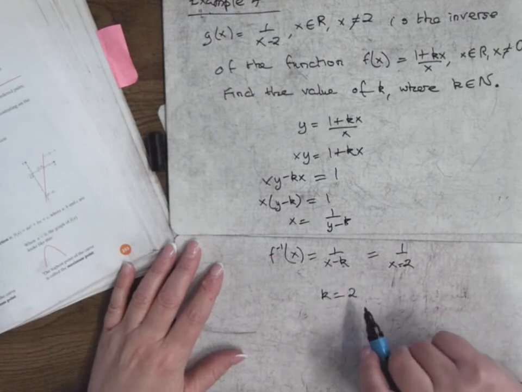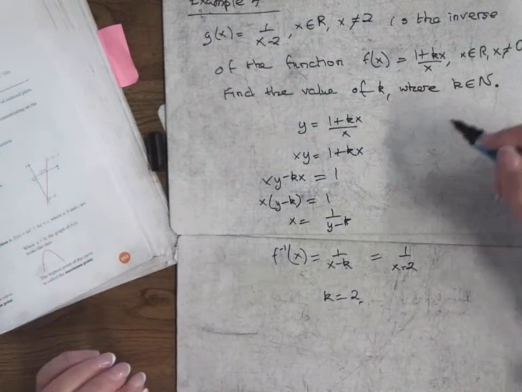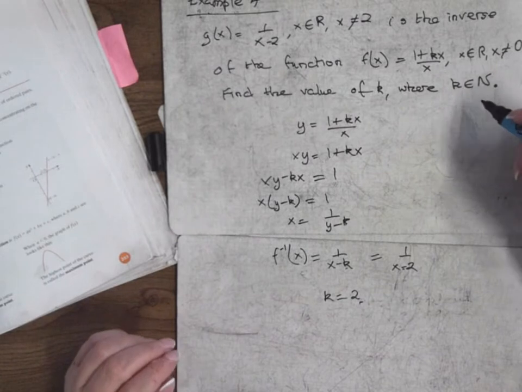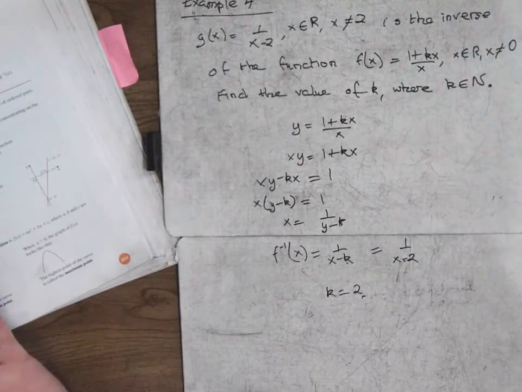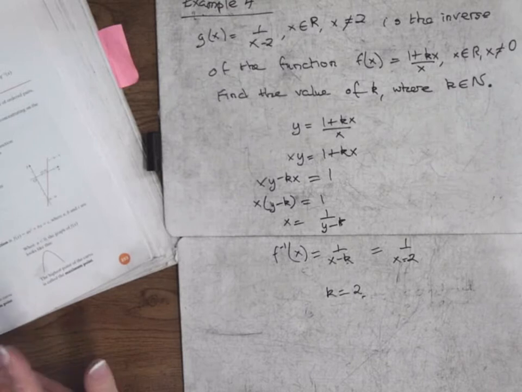So that k obviously stands for 2, which is a natural number, which they told me it would be. Are we good? Is that alright? Just a question with a bit of a twist on it. But nothing different. Still rearranged so you have x equals everything else. Are we good? Yes?